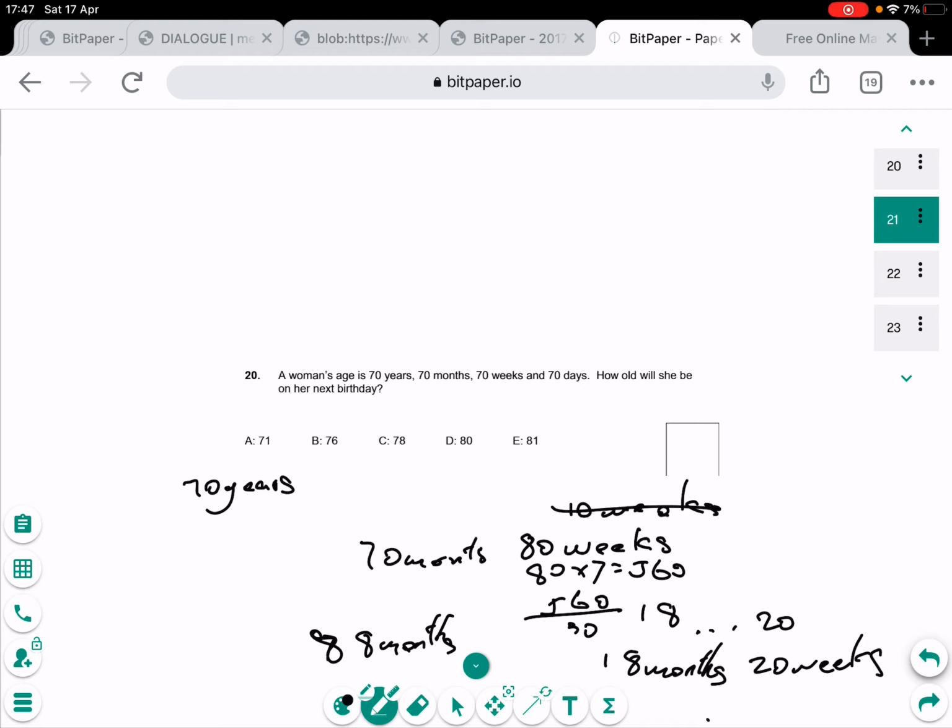There's 12. 12 times 7 is 84. So 77 years. Remaining 4. So 4 months and 20 weeks.